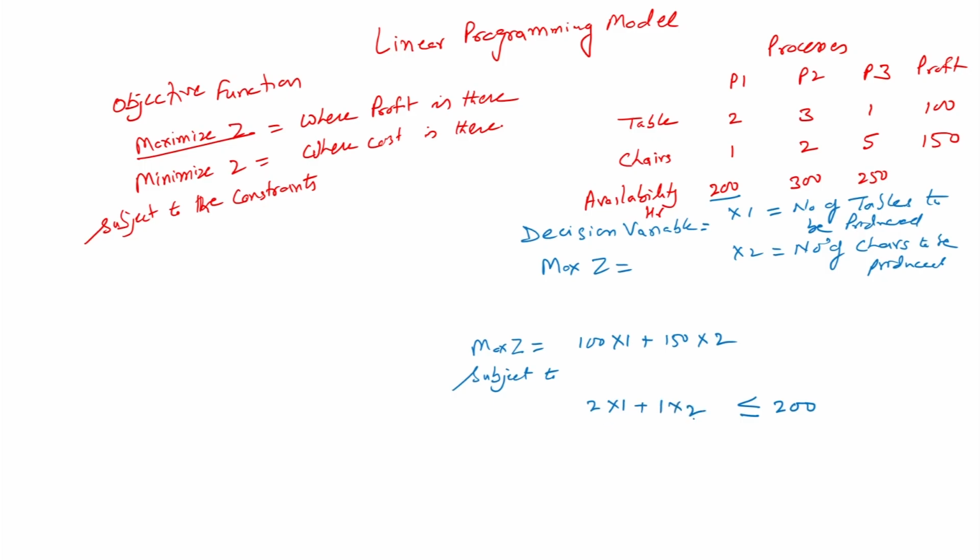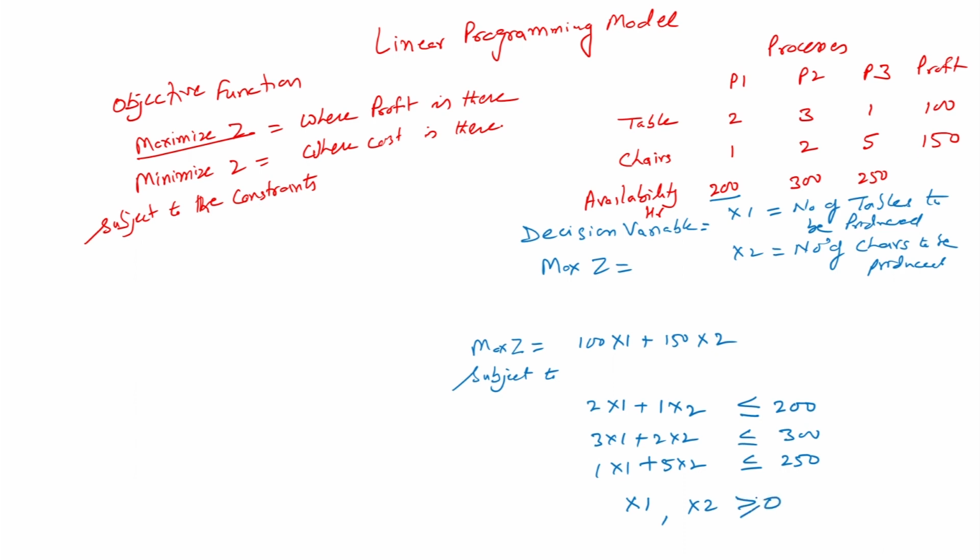So, 2 X1 plus 1 X2 should be less than or equal to 200. Similarly, 3 X1 plus 2 X2 should be less than or equal to 300. Similarly, 1 X1 plus 5 X2 should be less than or equal to 250. And further, I cannot produce a negative number of chairs and tables, so X1 and X2 are greater than or equal to 0.